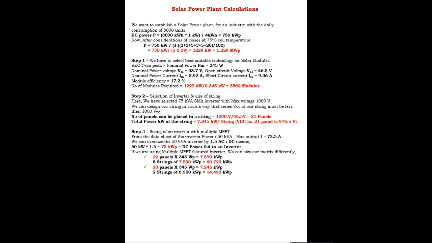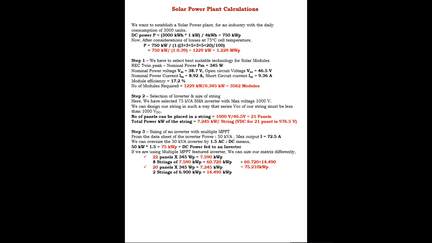So in step 3, the sizing of the inverter with the multiple MPPT of 50 kVA of the SMA, by oversizing with 1.5 times, we are getting 75 kilowatt peak, that is DC power fed to the inverter for 22 panels for 7.590 by considering 345 watt peak, such 8 strings.